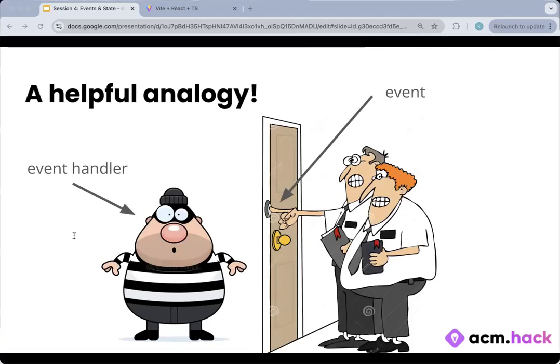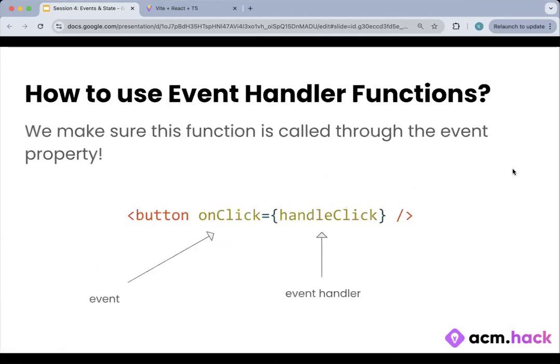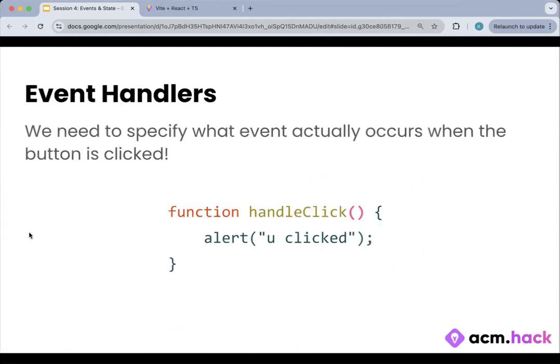And the person who opens the door is acting as essentially the event handler, performing an action when the event occurs, which is when the doorbell rings. Just as a doorbell rings and someone answers the door, React listens for these events and allows us to respond to them with specific actions using something called event handlers.